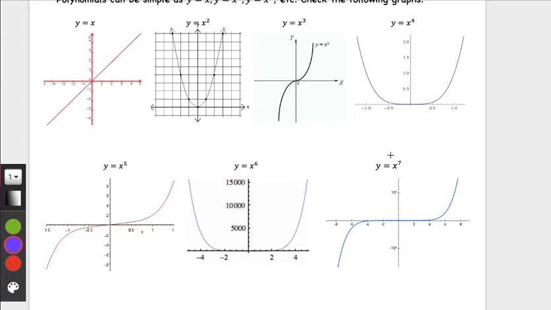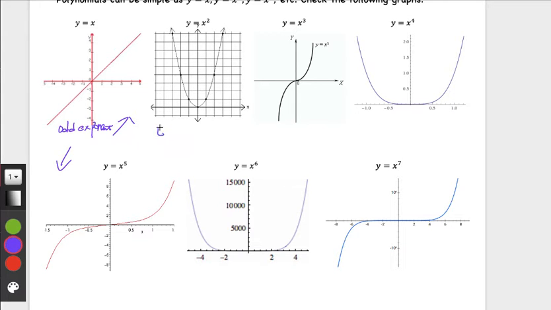What we notice is that for odd exponents, for example 1, 3, 5, 7, the graph goes up on one end and down on the other.